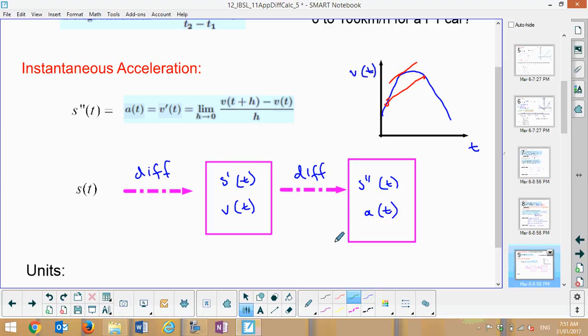And later, when we come back to our calculus, we'll find that integration takes us back from acceleration to velocity, and then we can integrate again to get to our displacement.